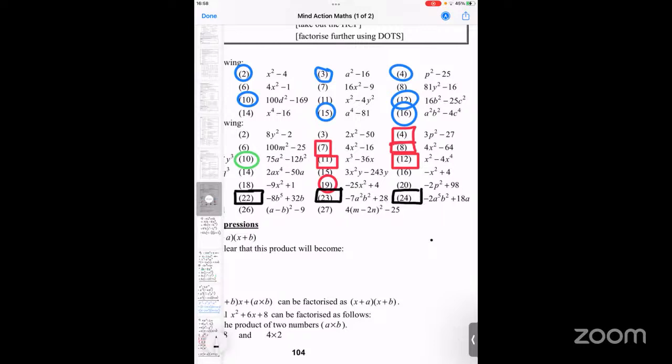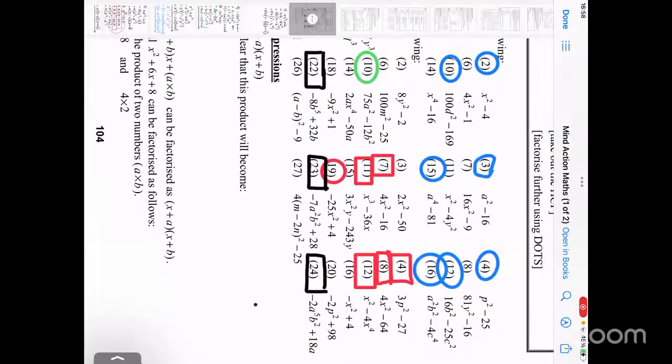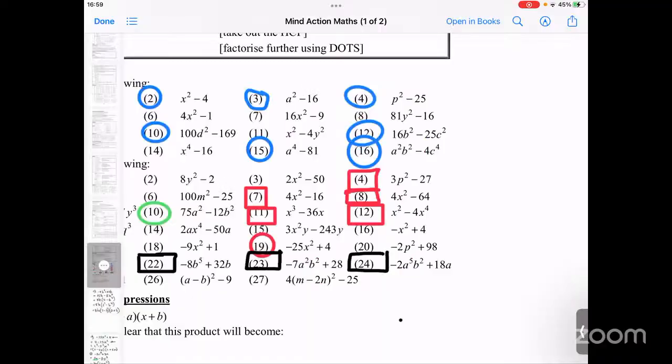Okay, let's see. Have you taken a screenshot? No, which color is the homework? Everything that I marked in black, only the ones I've marked in black. Let me quickly do this. You see number 22, 23, and 24. Can you see these ones? Yes, I can see them.